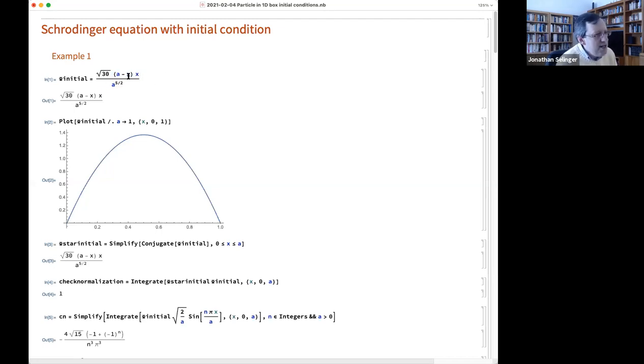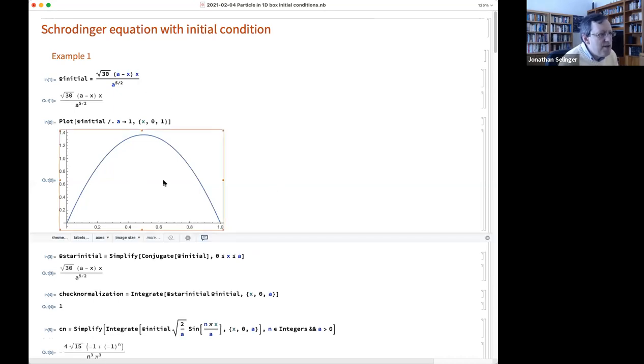And I already normalized it for practice before I wrote this down. Here is a plot of that function, in the case where the parameter a is 1. You can see it's an upside down parabola. It starts off at 0, it goes up, it comes back down again.